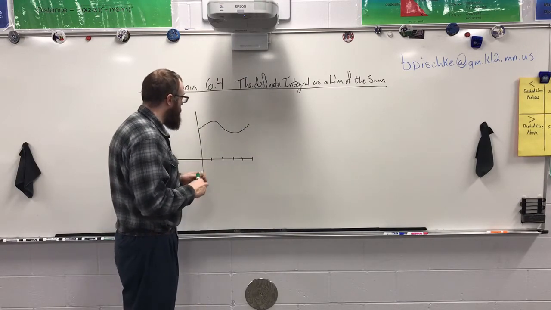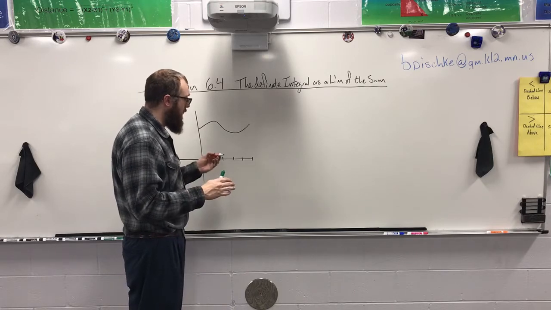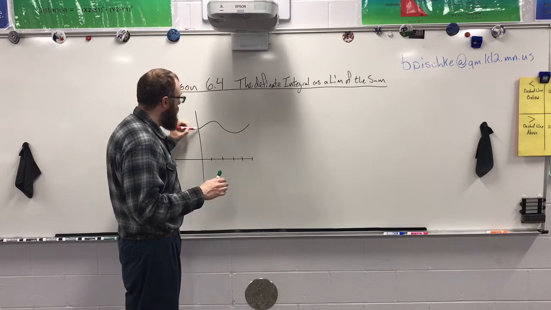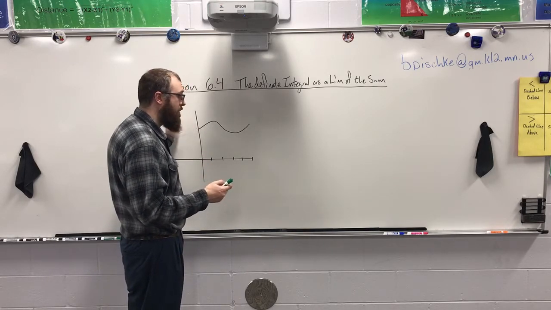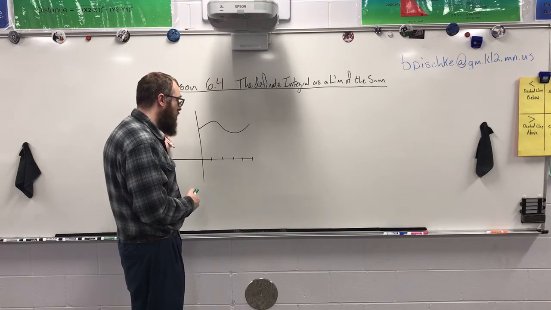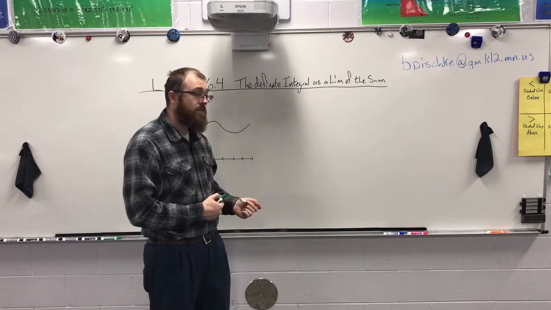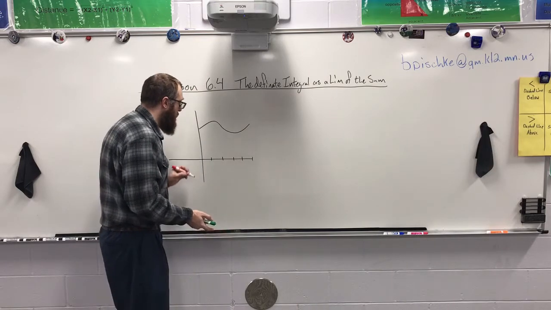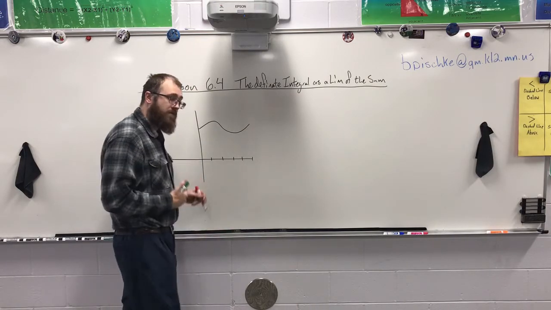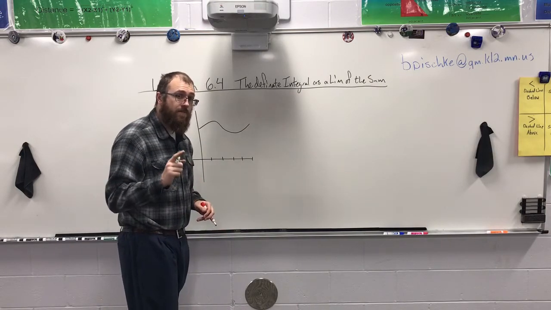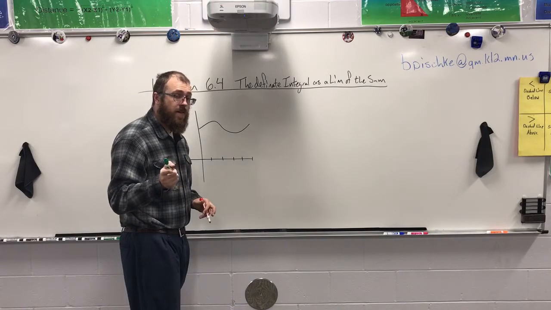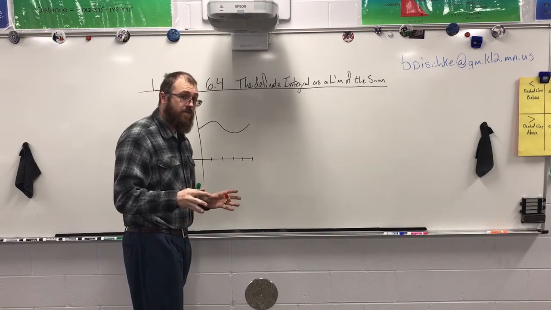Now, the rectangle can either have a height that hits the curve on the left side, or it can have a height that hits the curve on the right side. So I'm going to do all left side rectangles, but you could do all right side rectangles if you want to.